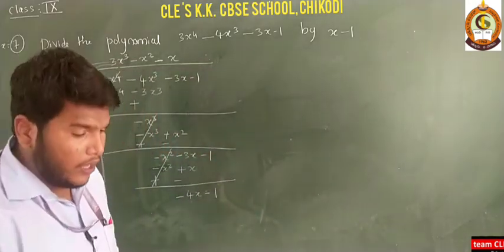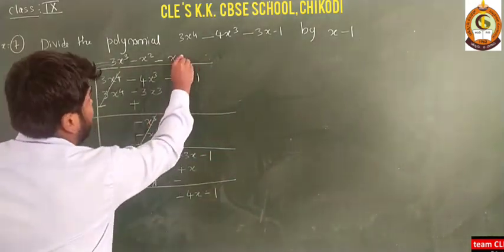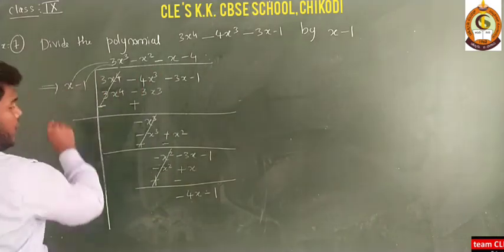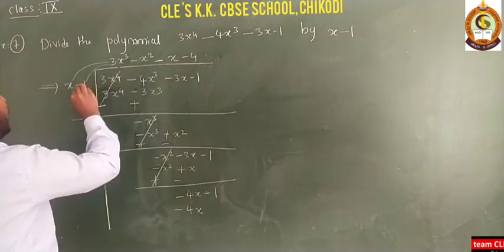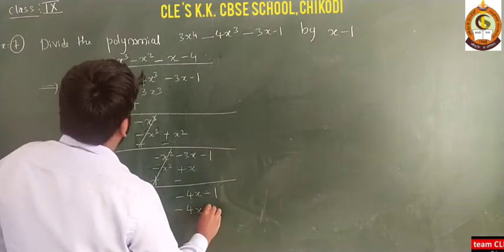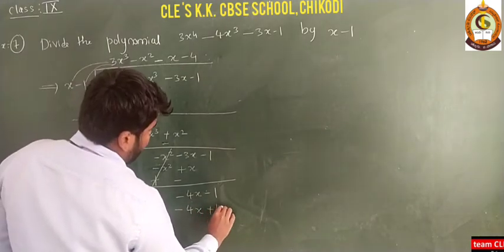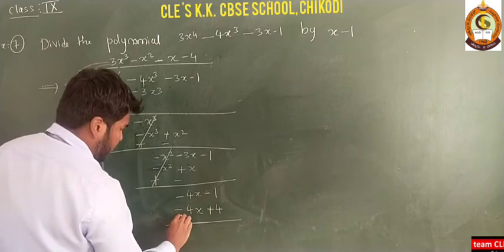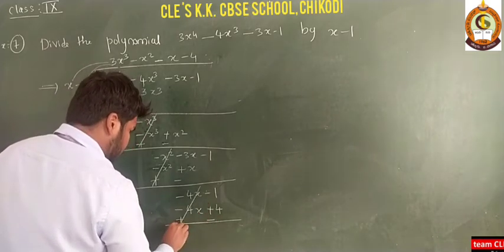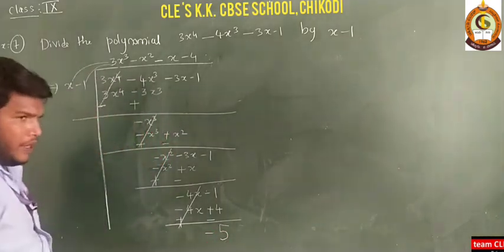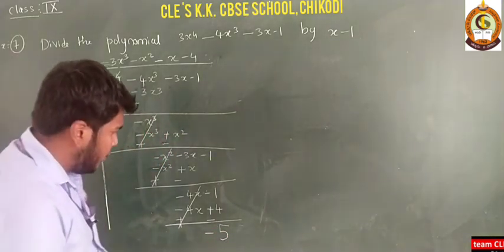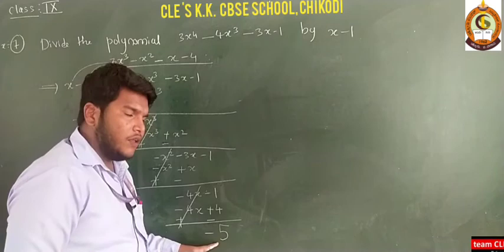So now I take minus 4, so minus 4 into x is minus 4x, and minus 4 into minus 1, that is plus of 4. So again minus will become plus, plus will become minus, this will get cancelled. So the remainder you are getting is minus 5.